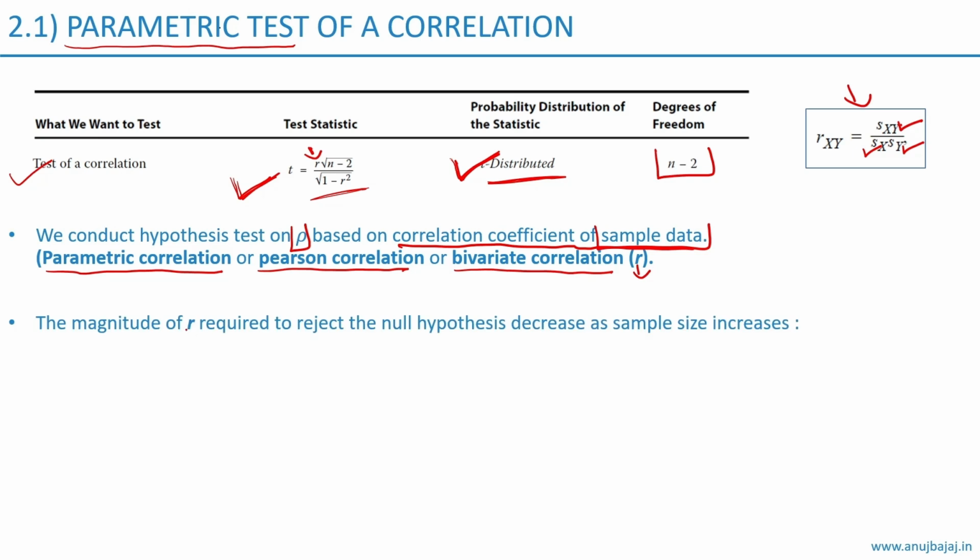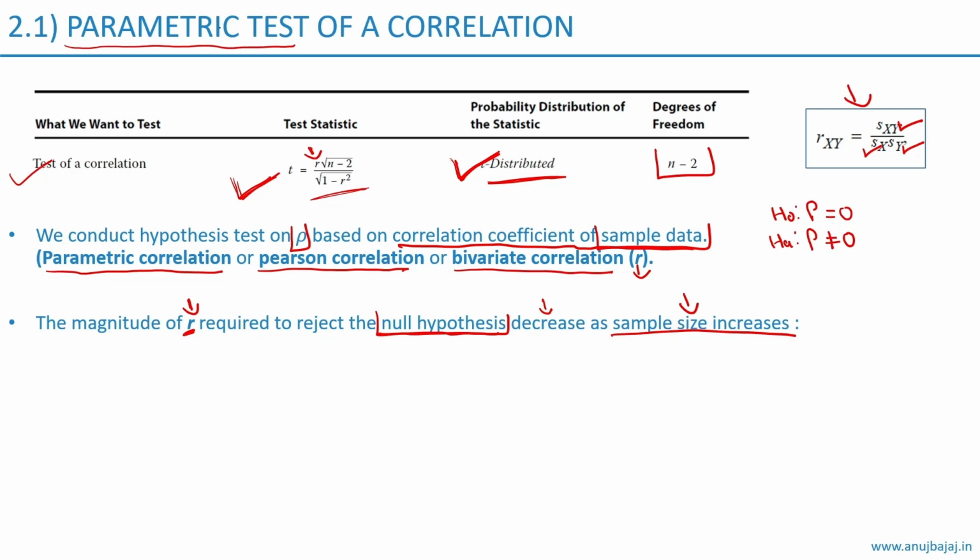The magnitude of the correlation from the sample data required to reject the null hypothesis decreases as the sample size increases. So as the sample size increases, the magnitude of r which is required to reject the null hypothesis decreases.